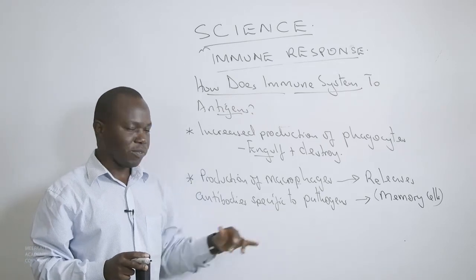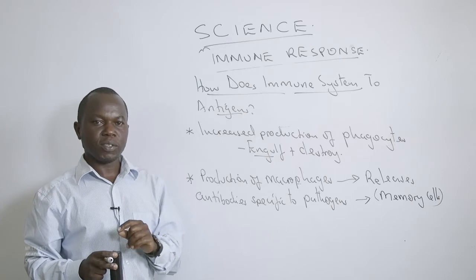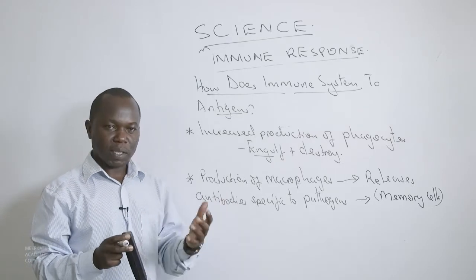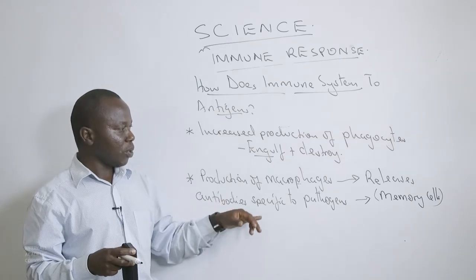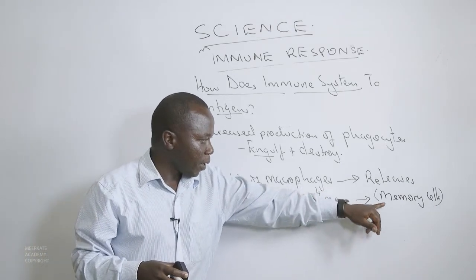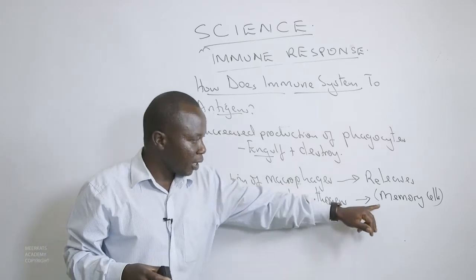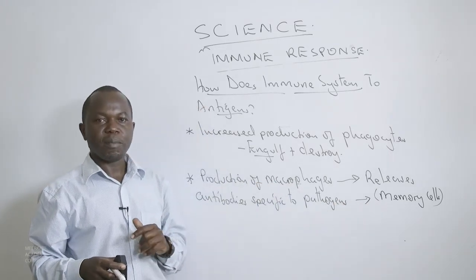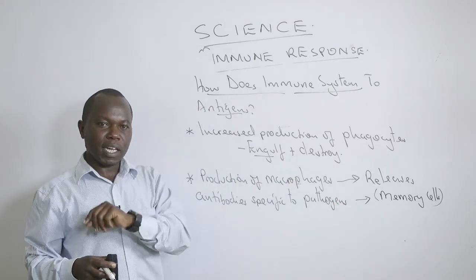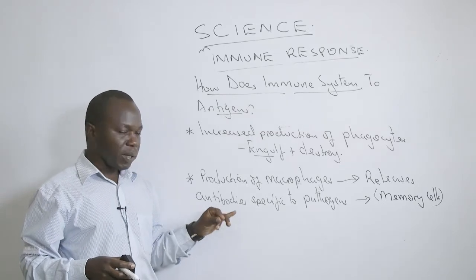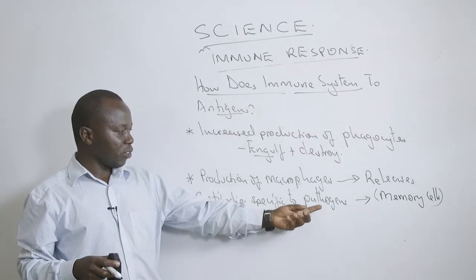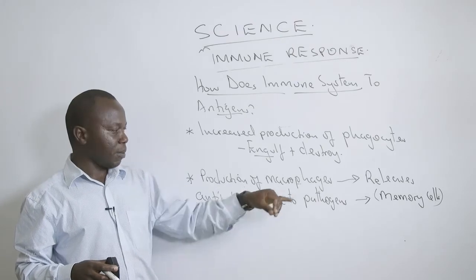This is a case, for instance, when you suffer from measles. If it is just once, the body is able to produce antibodies, but those antibodies will remain in memory cells. Any other attack of measles, the body will now remember, because the structure of the pathogen is stored.